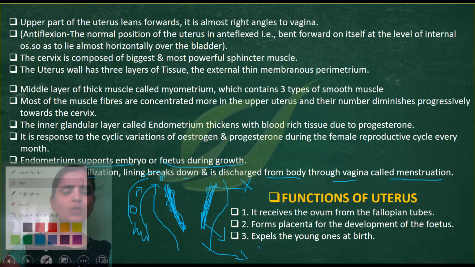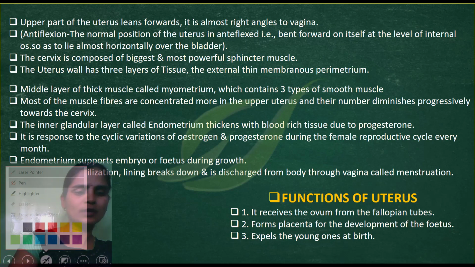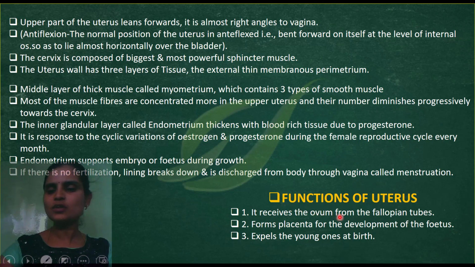That is how the endometrium plays a very important role. The main functions of the uterus: it receives the ovum from the fallopian tube, and it is responsible for the formation of the placenta for the development of the fetus. For 9 months the complete baby will be present in the uterus.